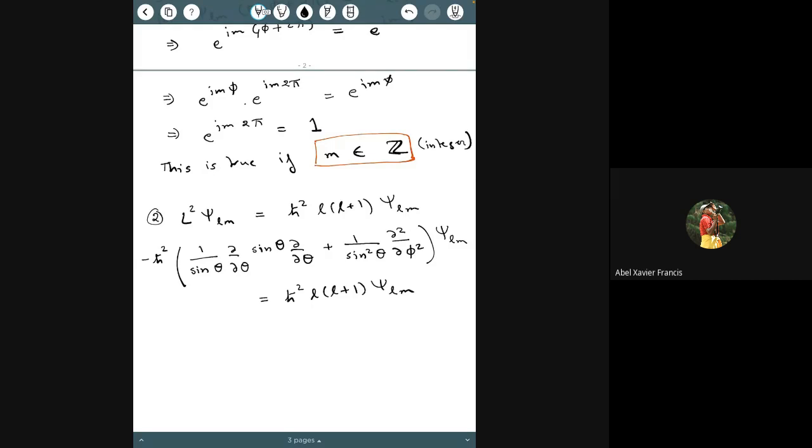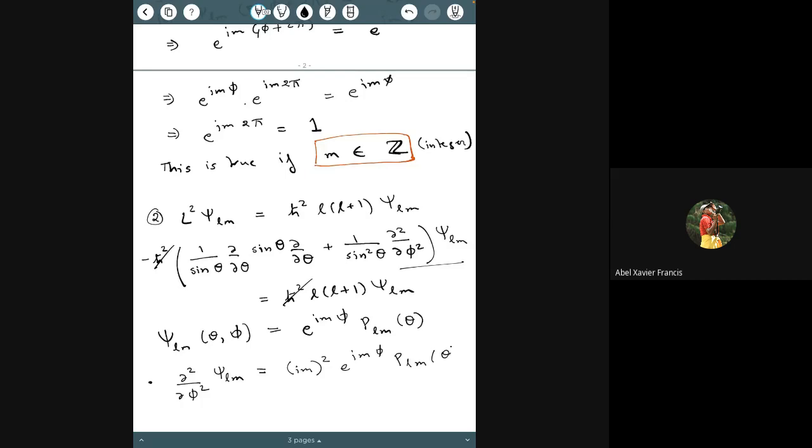This is the equation we want to solve. Okay. Cancel h cross square. And now I know a little bit more about theta phi. I know that it is e to the power i m phi P_l^m theta. So this last term is simpler. So the first thing let's do is del square del phi square psi Lm. Okay, so this is i m whole square e to the power i m phi P_l^m theta.